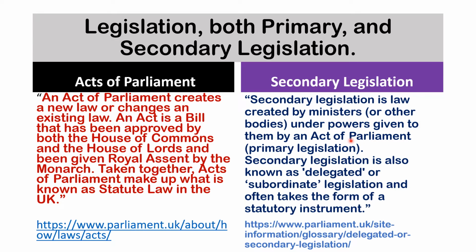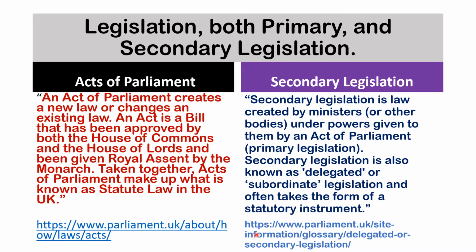It's these powers from primary legislation that are delegated to the minister to exercise by introducing a statutory instrument with, say, regulations setting out employment issues. Could be hundreds and hundreds of different things.